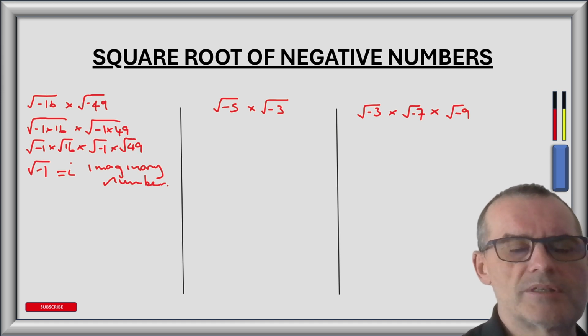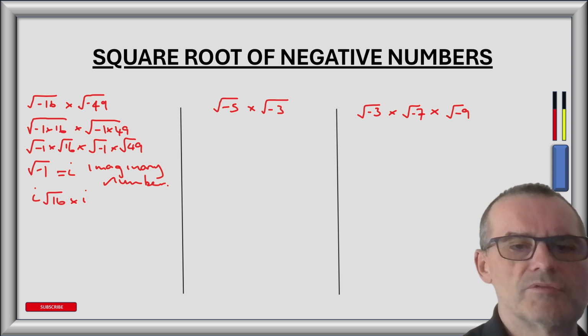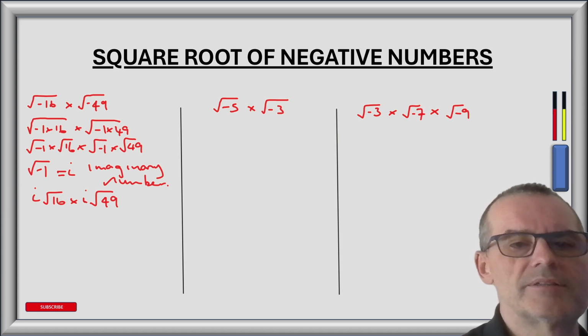So we can substitute i into our equation up here, and we can say it's i times the root of 16 multiplied by i times the root of 49. Now, as you can see, we have two i's in this.